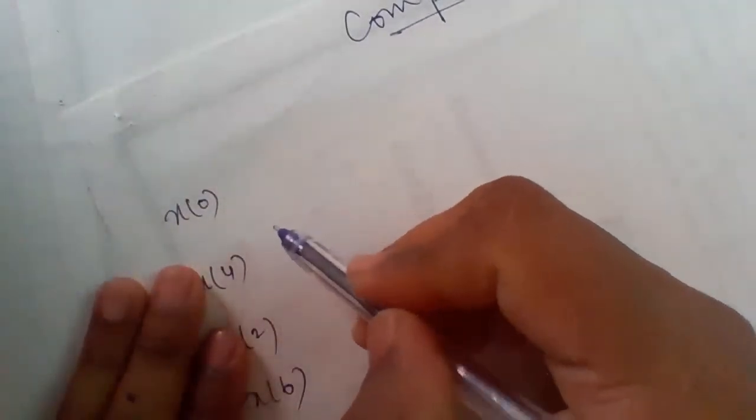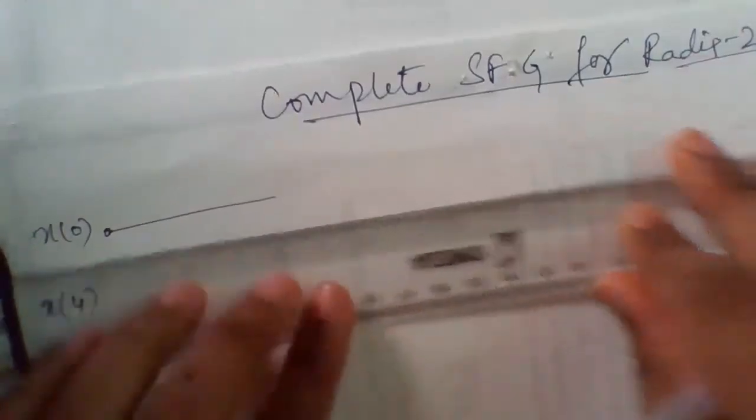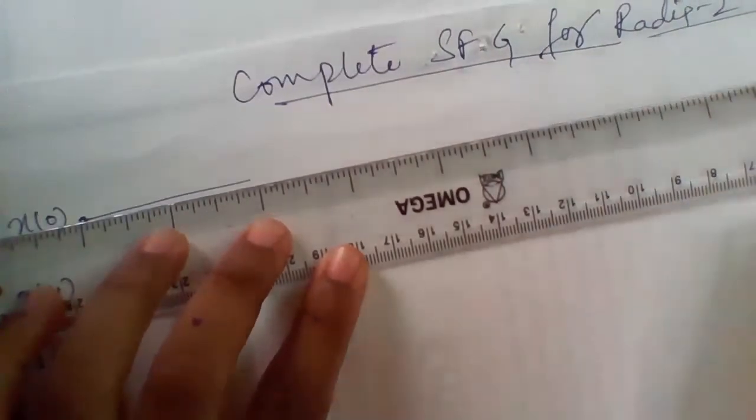Now I have to connect the different time domain samples. As it is 3 stages, we have to draw all of them on the same signal flow graph, so I will draw them at once.